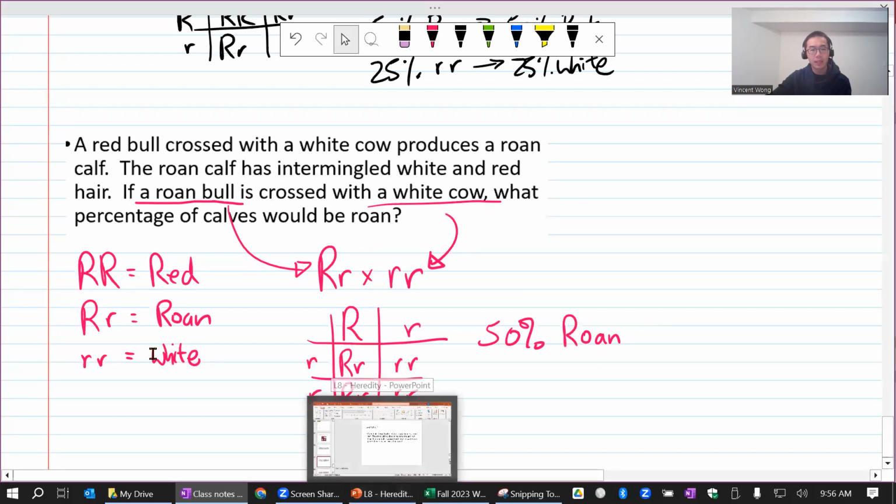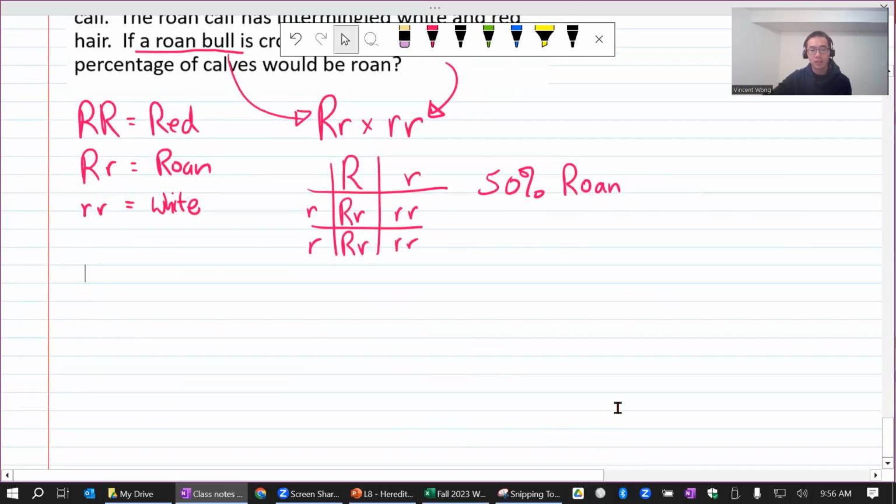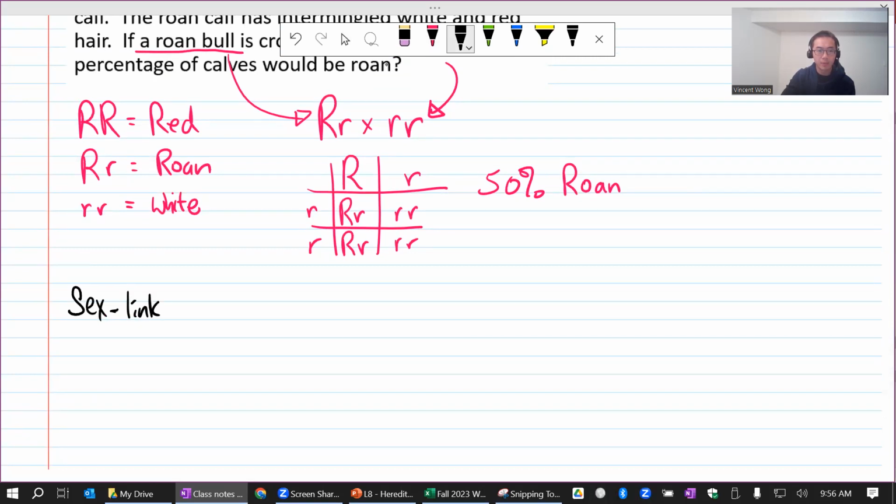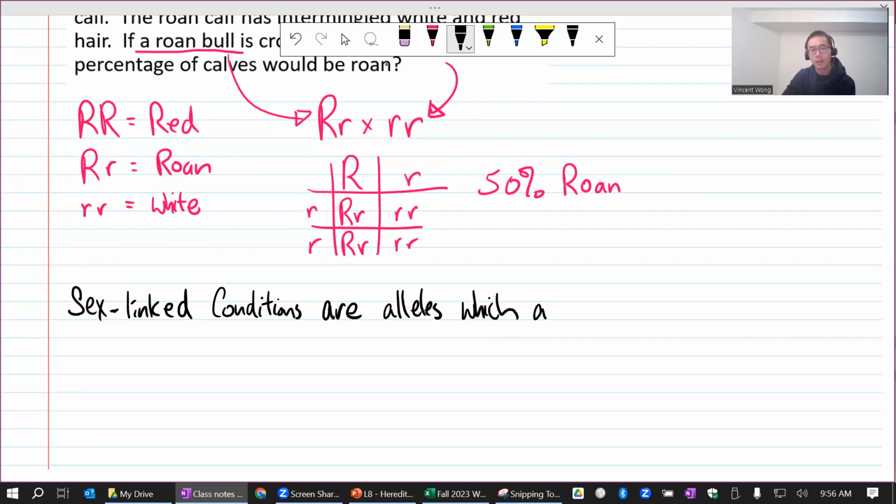All right, the last thing we're gonna learn is something called sex linked. I think that's the last thing we can learn today. And then we'll wrap it up next time. Sex linked conditions, I guess, are alleles which are found on X or Y chromosome.